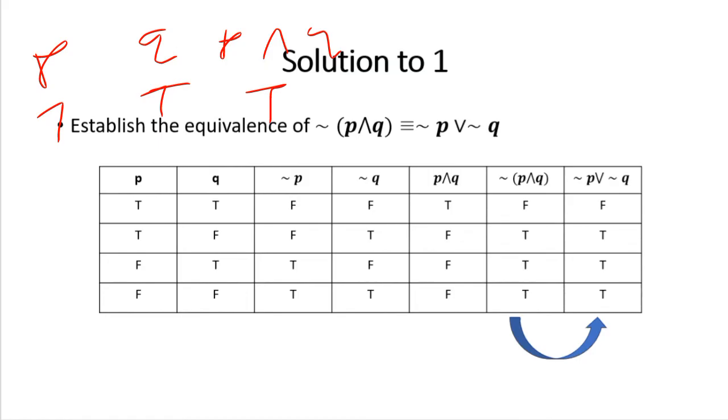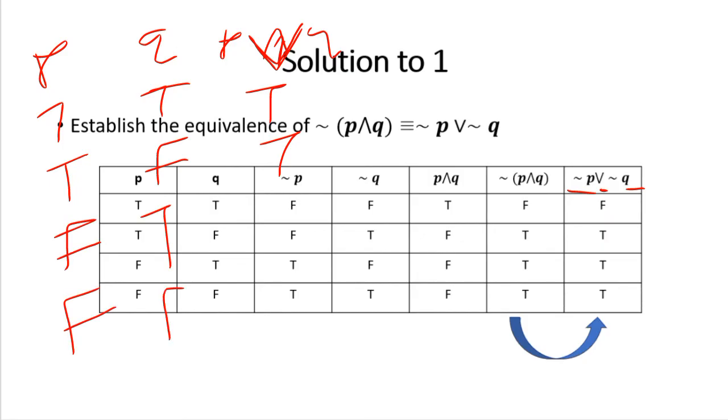We need to find negation P or negation Q. And for the or statement, if this was to be or, true and true will be true, true and false will be true, false and true will be true, and false and false is false.